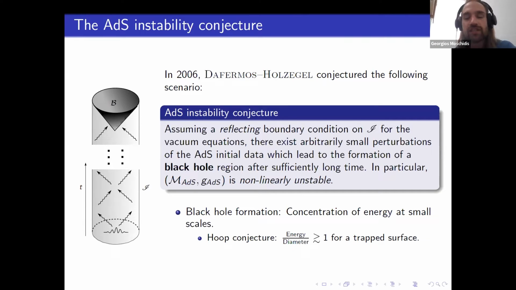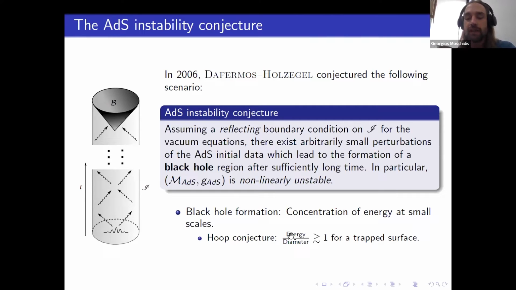And the hoop conjecture says that a two-dimensional surface in the spacetime is trapped if the energy contained in that surface, appropriately defined, let's say the quasi-local energy, divided by the diameter of that surface, also appropriately defined, let's say the intrinsic diameter of that surface, is bounded from below by some explicit constant, of course depending on all those choices that were made in the definition of the left-hand side here.